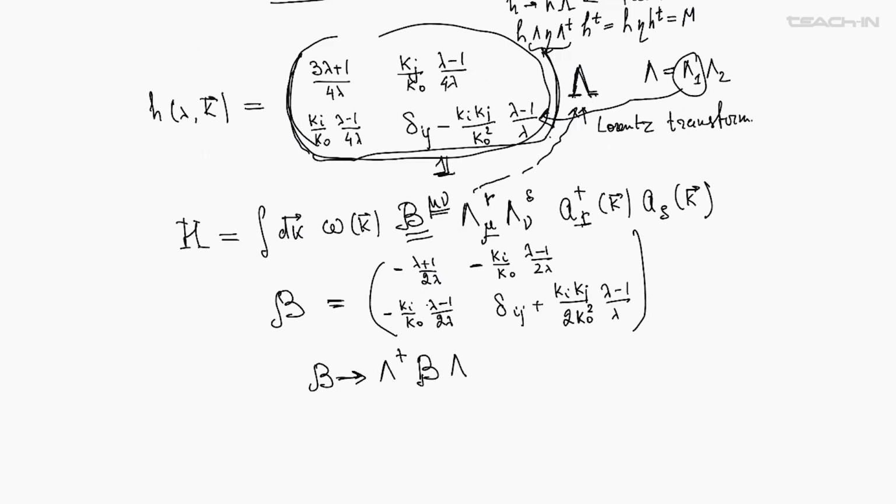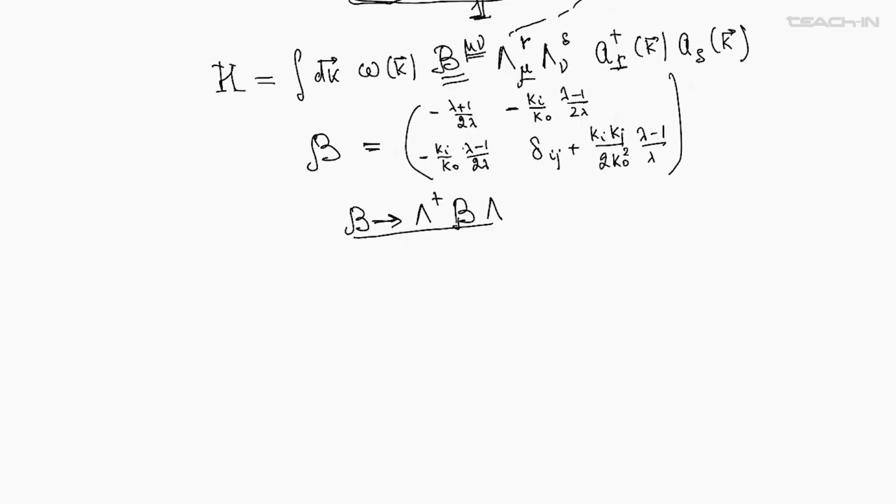And by picking lambda in a particular way, you may simplify this matrix B. The first thing to try is pure rotations. So lambda transpose B lambda.